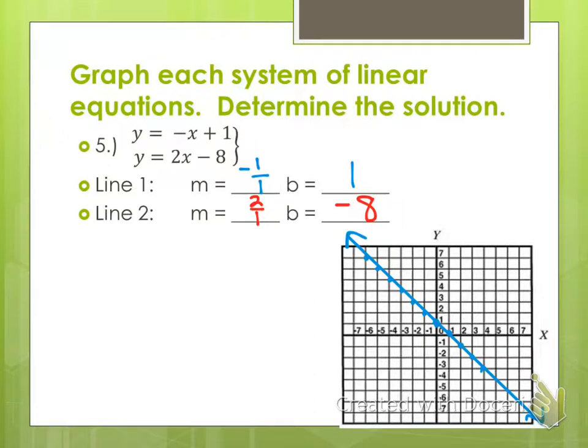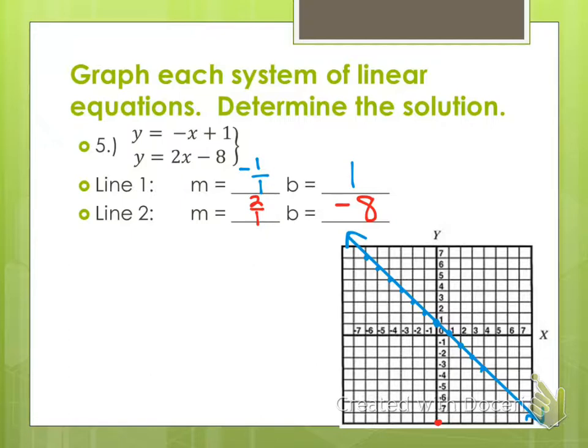Next, we've got to go to line 2. Where is line 2 starting? -8 on the y-axis, which it is on there. It's just getting covered up on my screen. All the way at the bottom there. Okay, then my slope for line 2 is 2 over 1.